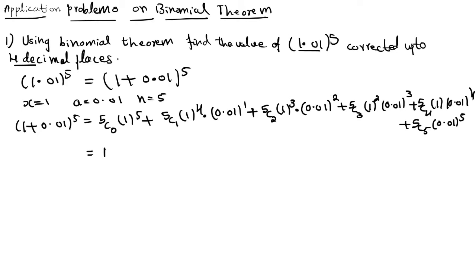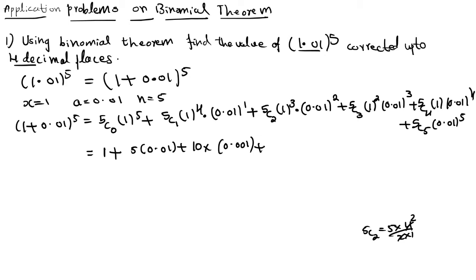Okay, then see, 5c0 value equal to 1. 1 into 1 is 1, plus 5c1 value is 5 into 0.01, plus 5c2. How to calculate 5c2? Here see, 5c2 equal to 5 into 4 divided by 2 into 1, so its value equal to 10 into 1 cube is 1 into 0.01 square. 0.01 square equal to 0.0001.